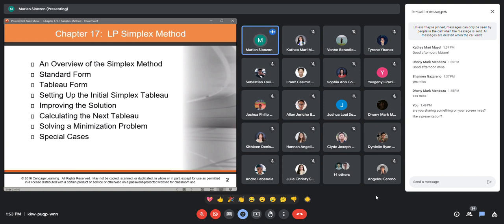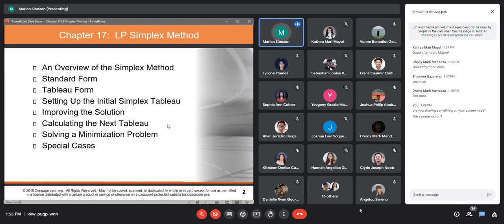And if not, when I am back for the actual face-to-face classroom meeting, I will clarify some issues regarding this, because the method here, especially if you're not able to remember your algebra and the Gauss-Jordan way of solving systems of equations, it might be quite difficult for you to do. Anyway, all the instructions are here, and so what you will do is practice.